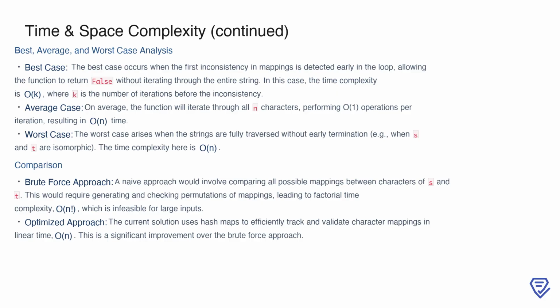In the worst case, the strings are traversed completely without any inconsistencies, as is the case when the strings are isomorphic. This results in a time complexity of O(n). To highlight the efficiency of the current solution, consider a brute force approach that tries all possible mappings between s and t. This would require generating and checking permutations, leading to a factorial time complexity of O(n!), which is impractical for large inputs. By using hash maps, our solution achieves linear time complexity of O(n), making it far more efficient.